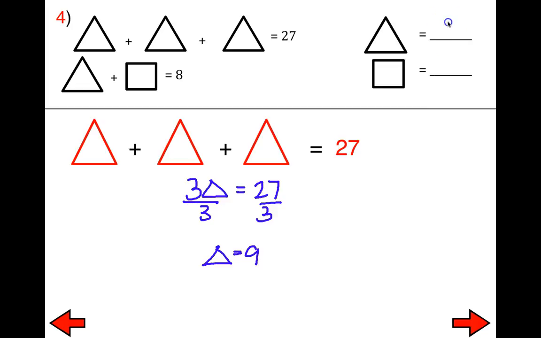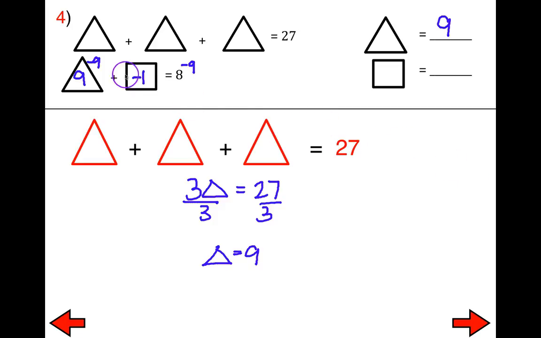So if I know that my triangle is 9, then what should a square be? Well, it should be -1. If you weren't sure, again, you could have subtracted 9 from both sides, and that's what would have given you that a square equals -1.